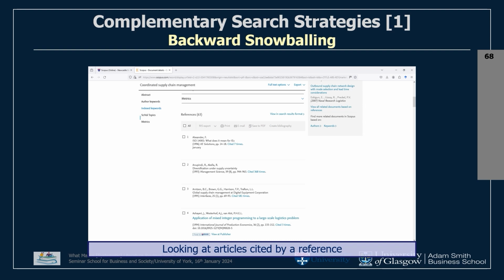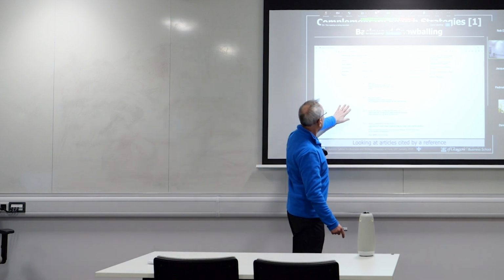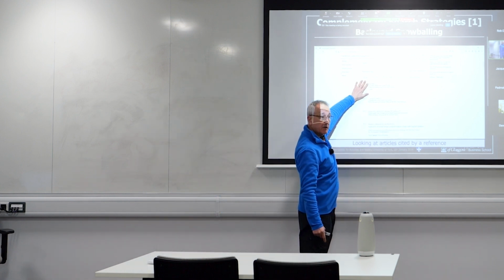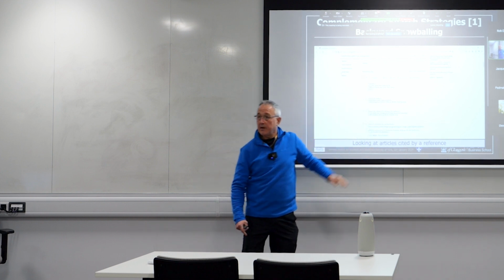Rob mentioned three ways of identifying literature. There was keyword search, there was snowballing, and the third one was serendipity. So if I look at a particular paper and I go into Scopus, on that paper, it gives me the list of the papers that have been cited in that particular article.